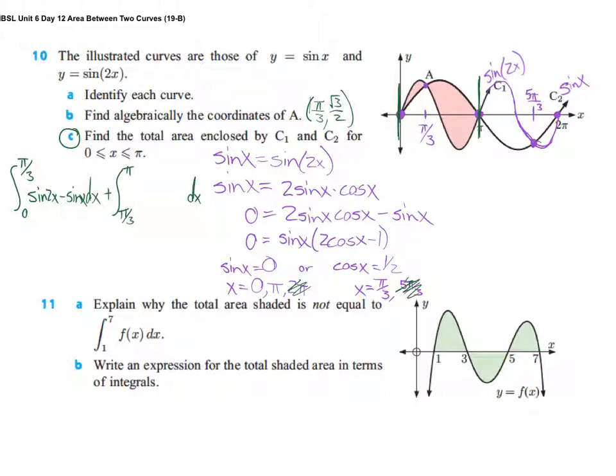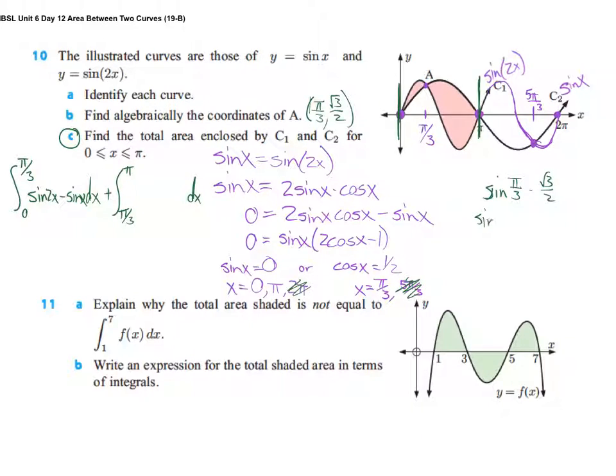What's the sine of 2 pi over 3? Hold on. Root 3 over 2. Okay? So sine of pi over 3 is root 3 over 2.